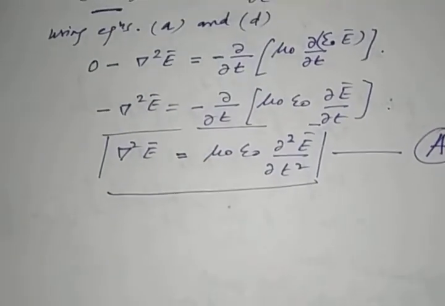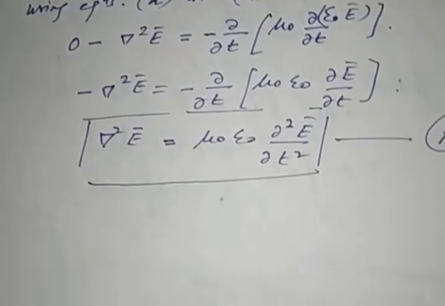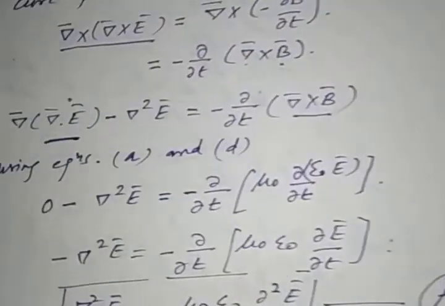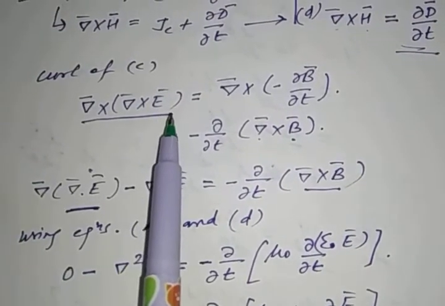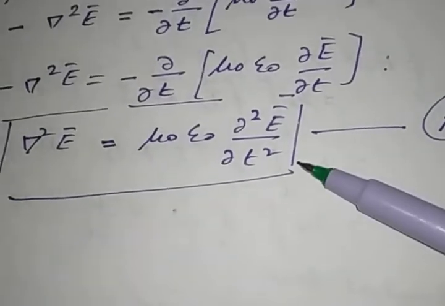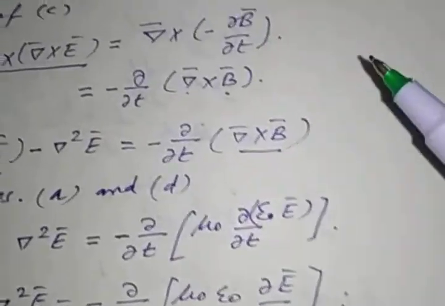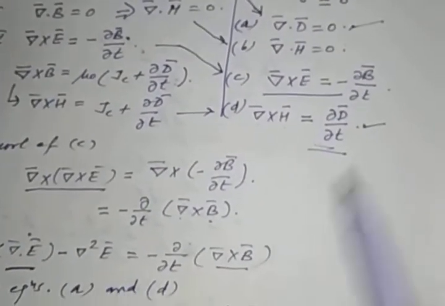So for that the same procedure will apply. Like for this part we have taken the curl of E, then for getting this equation in terms of magnetic field, we need to take the curl of equation D here.